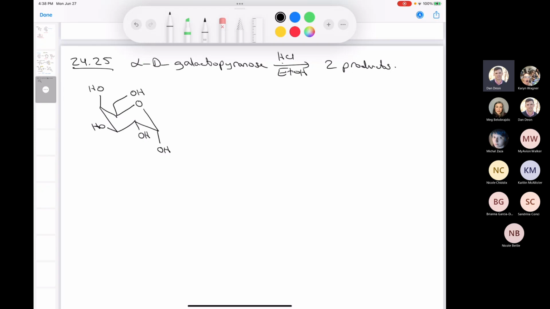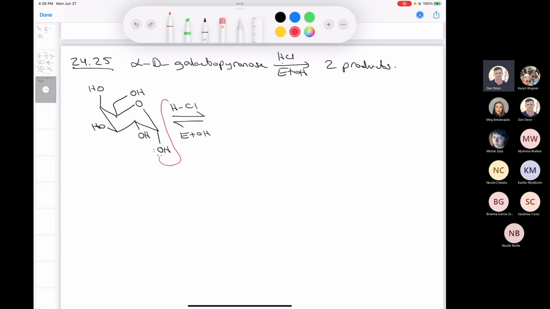So what we're doing is we're going to treat the molecule with HCl, and we're in ethanol as a solvent, ethyl alcohol. The first thing that's going to happen is we're going to convert the anomeric hydroxyl into a good leaving group.